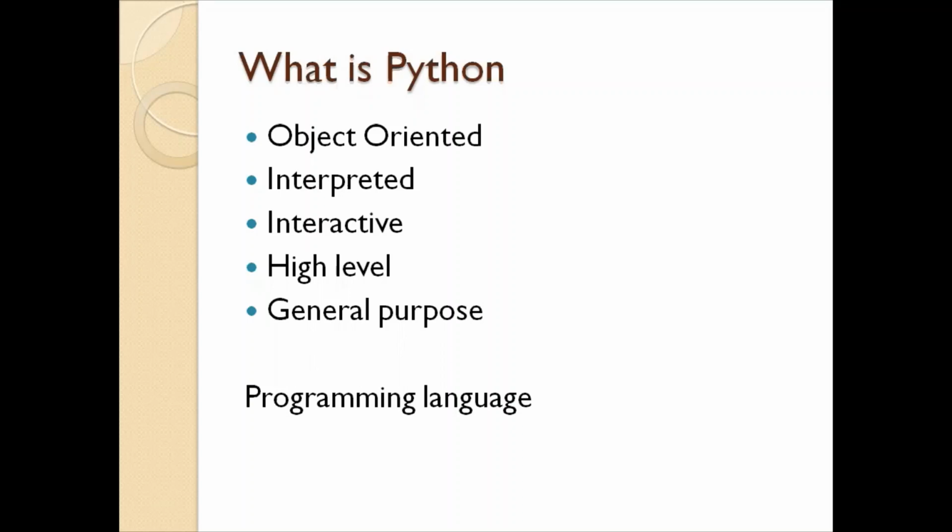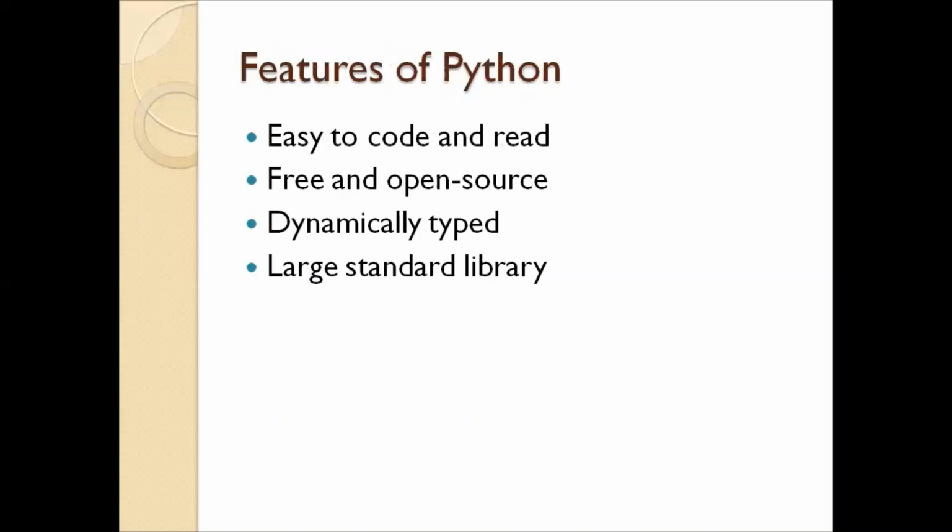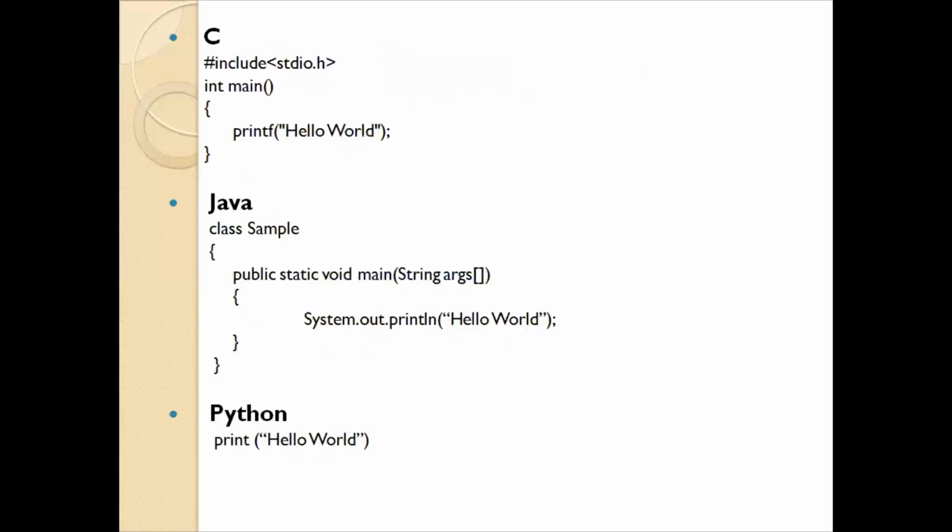What is Python? Now I'll show you one slide which compares different languages. From that we will be able to understand why we are using Python. We know it is an easy programming language as per the definition we see everywhere. So how does the difference come?